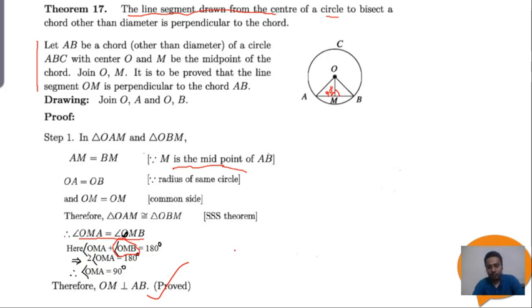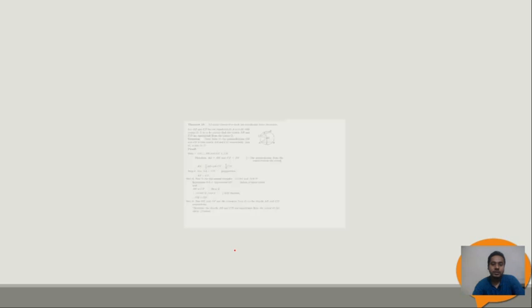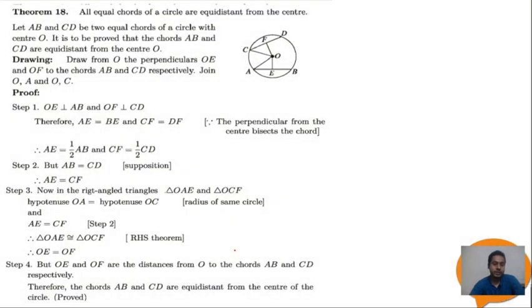Okay. Now we can go to our next topic. Next topic is Theorem 18. It is also important for you. All equal chords of a circle. This is your given. My dear student, you have to know what is given and what statement we have to prove.